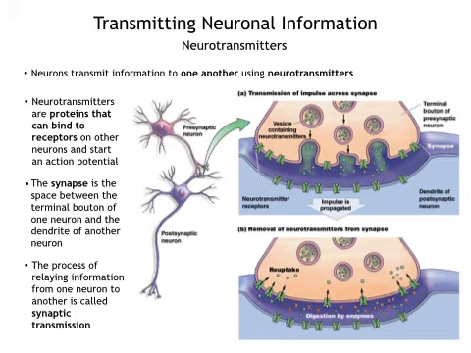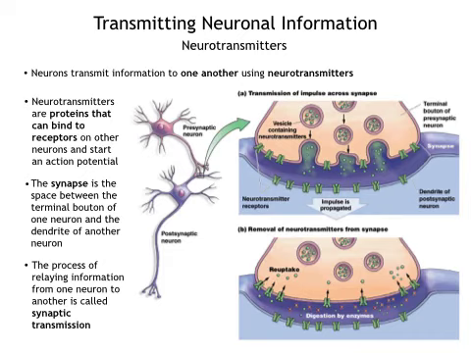So in the figure, it's showing you that what happens in synaptic transmission is that vesicles that contain neurotransmitters are released once the action potential gets to the end of the neuron. The end there is called the terminal bouton, and those vesicles move down to the edge of the terminal bouton and release their contents into the synapse.